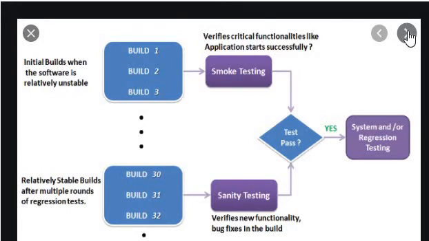In smoke testing, the objective is to verify the stability of the system in order to proceed with more rigorous testing. In sanity testing, the objective is to verify the rationality of the system in order to proceed with more rigorous testing. Smoke testing is performed by developers or testers.